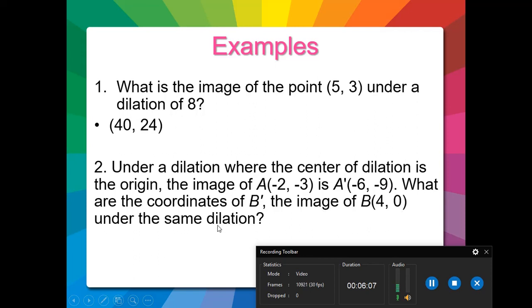So we first have to figure out the dilation rule. We went from -2 to -6 and -3 to -9. It appears as though I'm multiplying by 3. So I'm going to say that the dilation rule is 3. If I use that same dilation rule on (4, 0), we'll be able to locate B prime at (12, 0).